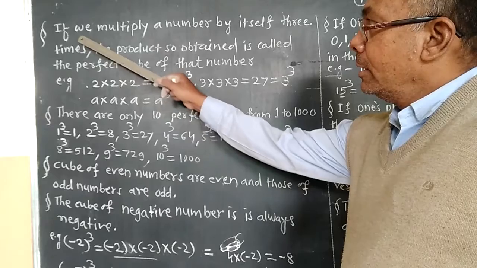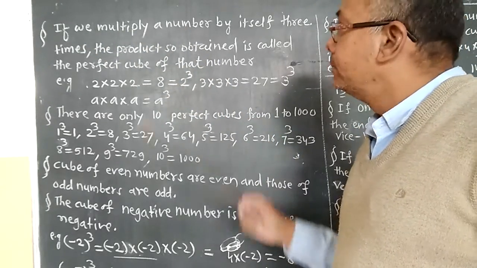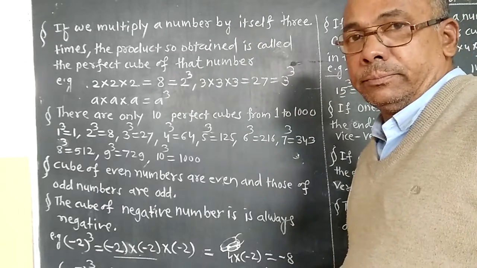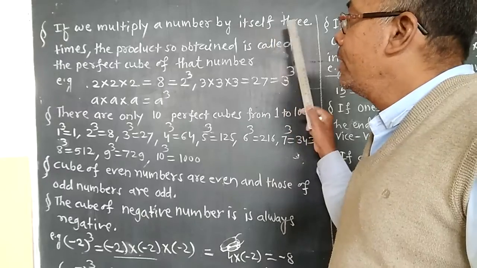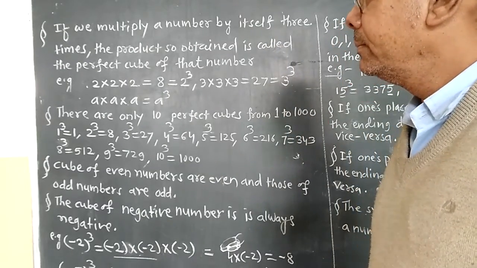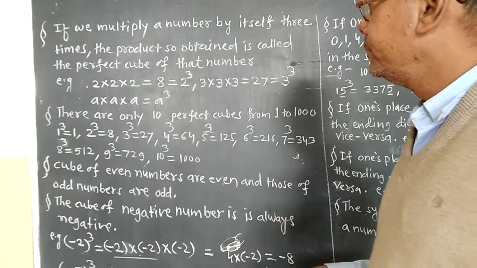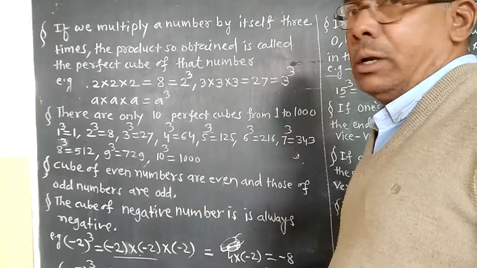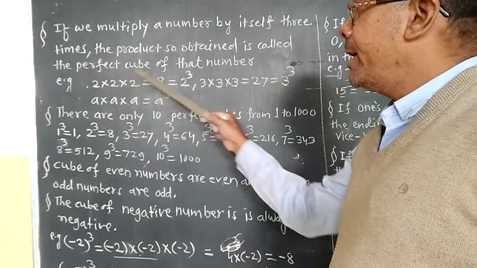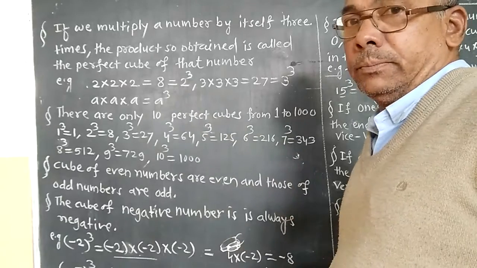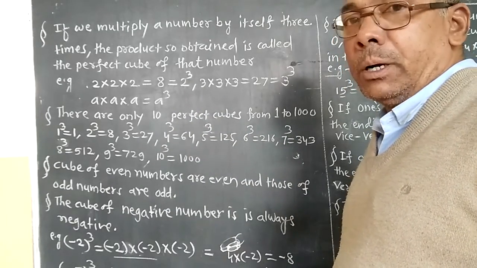Here, if we multiply a number by itself 3 times, the product so obtained is called the perfect cube of that number.